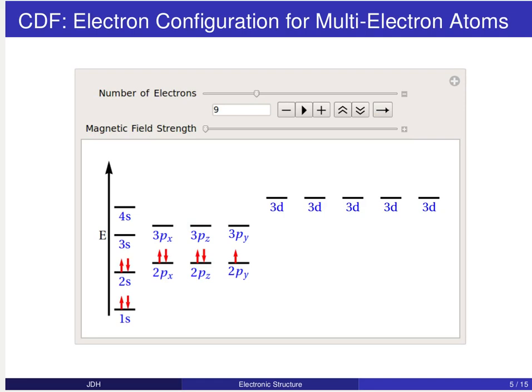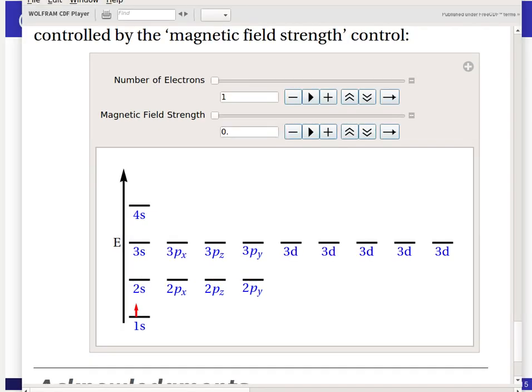Okay, so now let's start looking at atoms that are more complicated than hydrogen, so-called multi-electron atoms. So in order to explore the electron configurations for multi-electron atoms, I want to turn our attention once again to the CDF simulation. Okay, so our interface here for the electron configurations basically allows us to control the number of electrons in our first slider bar here.